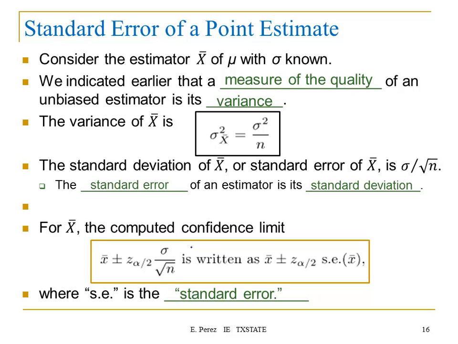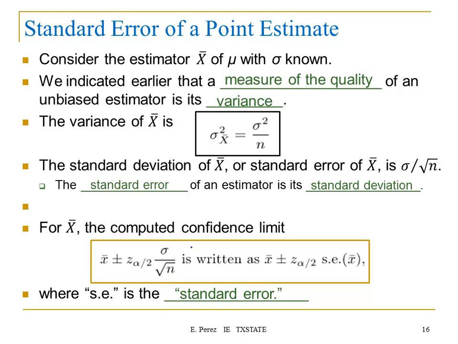So for x bar, the computed confidence interval limit is this one. You're using the standard normal distribution, and this can be written as this same expression times the standard error of x bar, which is essentially this.